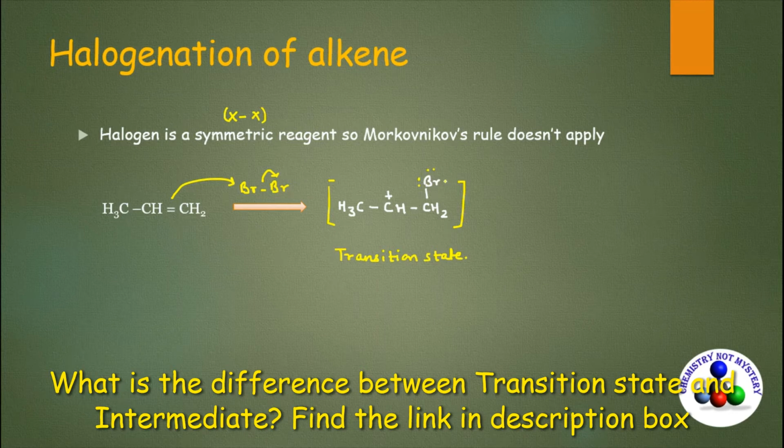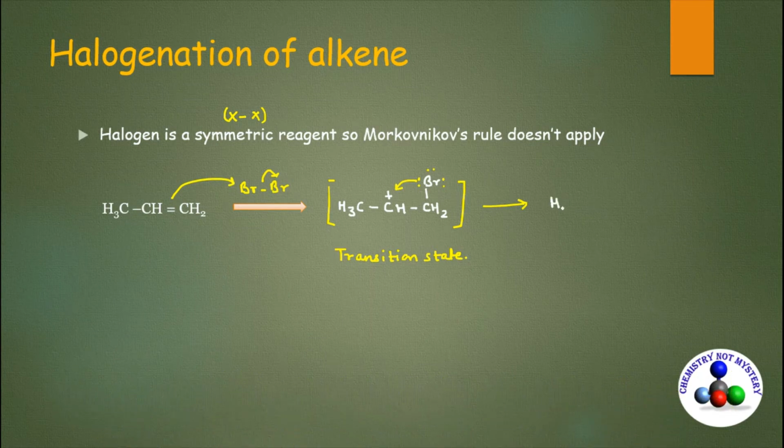Now you know bromine has 3 lone pairs of electrons. Soon this bromine makes a bond with the carbocation by using one of its lone pairs of electrons. Now bromine is attached to both the sp2 carbons.